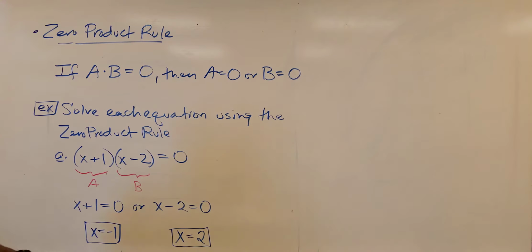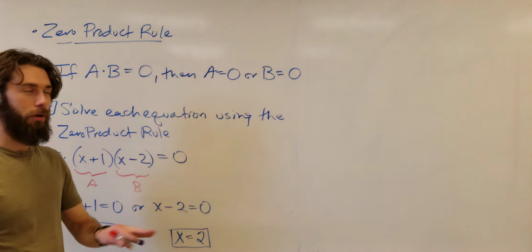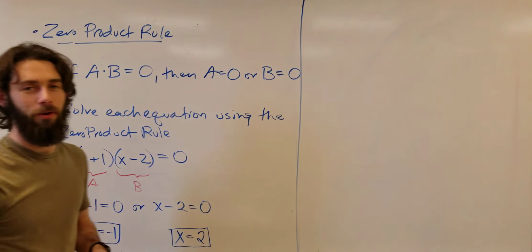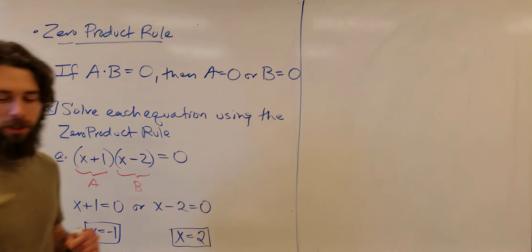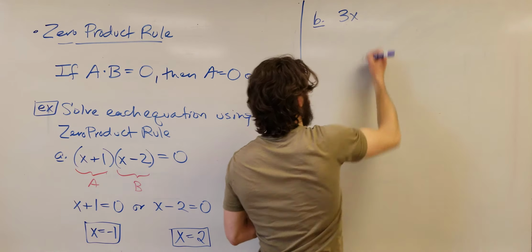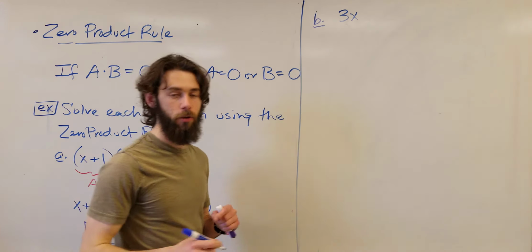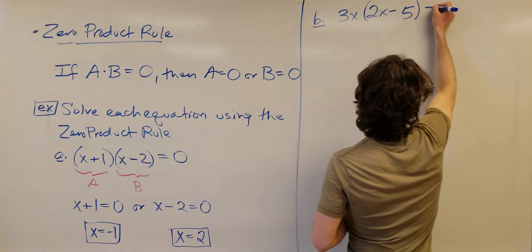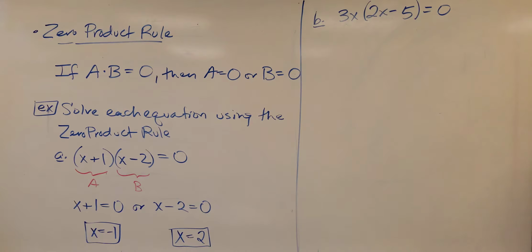Okay, so let's try one a little different. So another pre-factored one, but there's an important case to see here. Let's do 3x times 2x minus 5 equals 0.